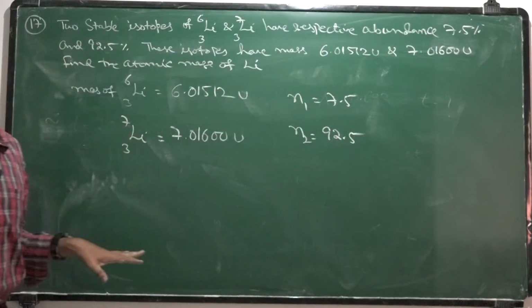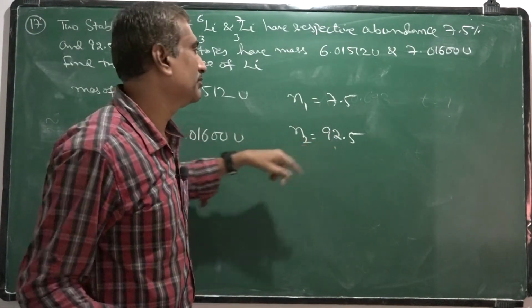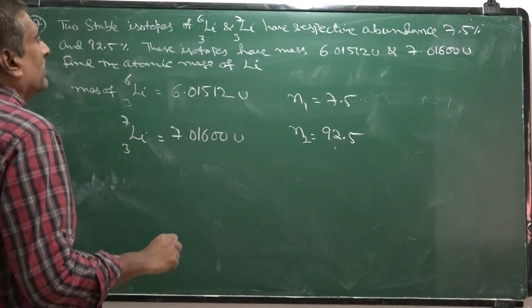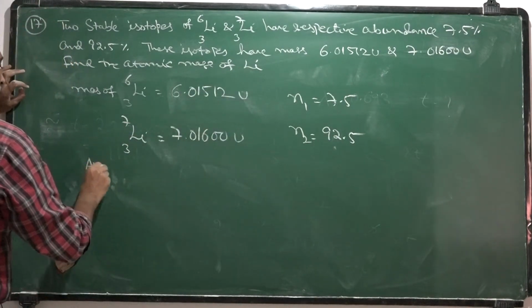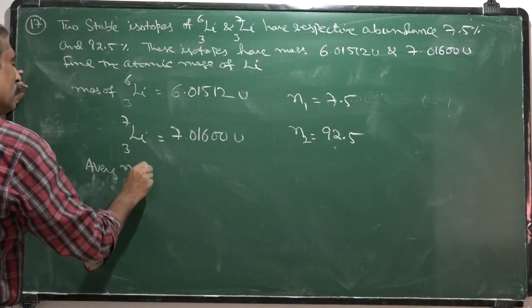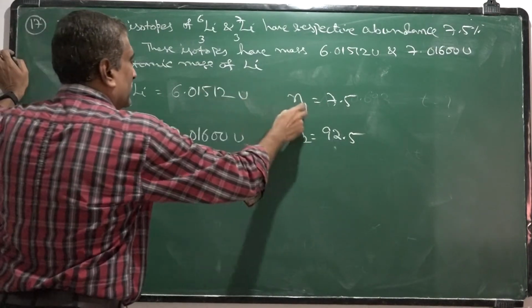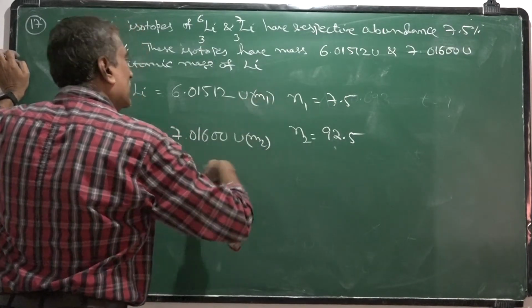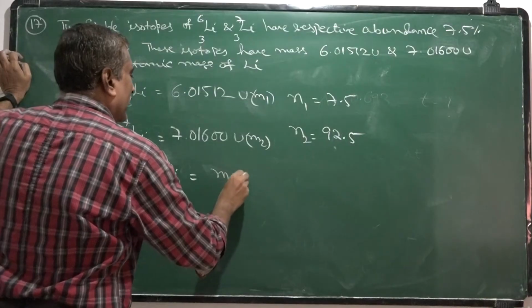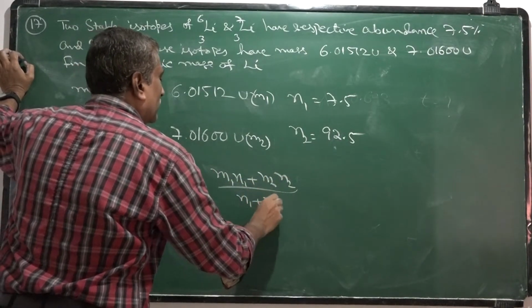Remember that the sum of the abundances is always equal to 100. Now we have to calculate the average mass of lithium. Assume this is M1 and this is M2. So we can write (M1N1 + M2N2) / (N1 + N2).